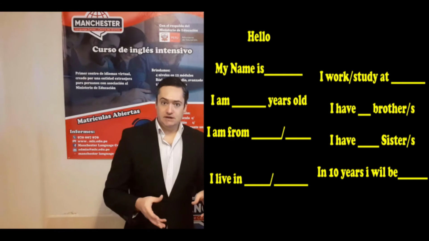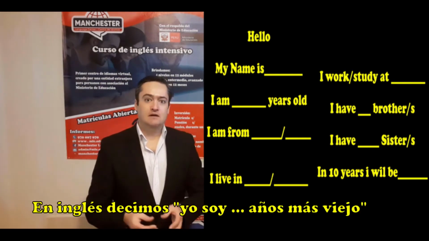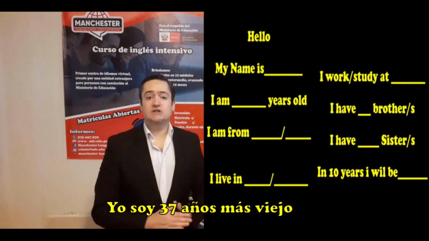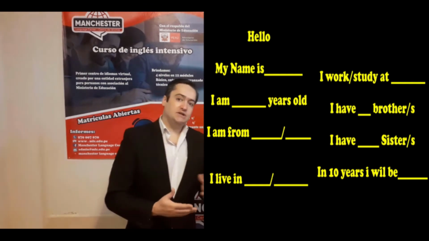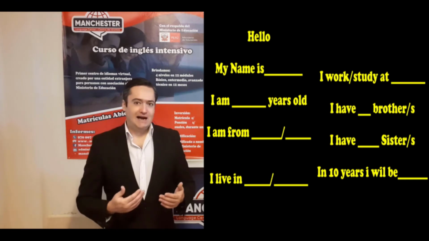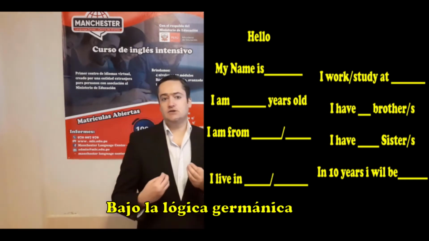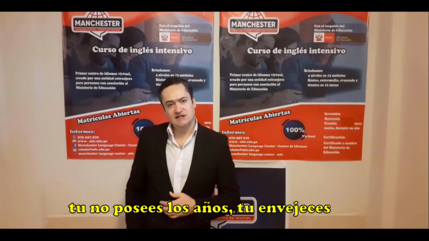So then we're going to do age. Okay? So in English, we would say, I am years old. So for example, I am 37 years old. But in Spanish, you're going to say, yo tengo 37 años, which is, I have 37 years. Which when you apply a little Germanic logic, then it's like you've got 37 years in your pocket.